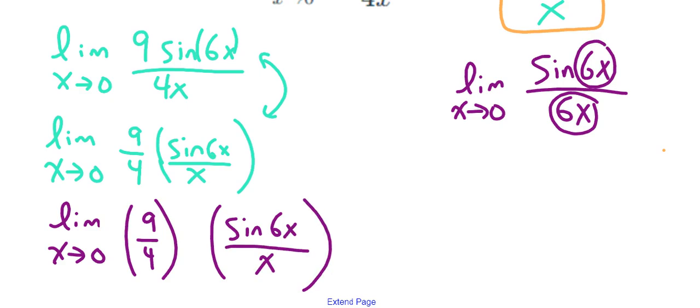We want to multiply that denominator by 6. But to make up for it, we have to multiply the numerator by 6. Actually, I'm going to do that just a little bit differently. Watch. I'm going to just multiply everything by 6 over 6. Because guess what? I can multiply anything by 1 in disguise, and it doesn't change anything, right?